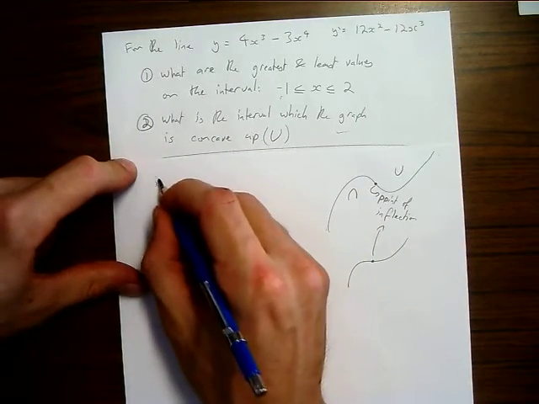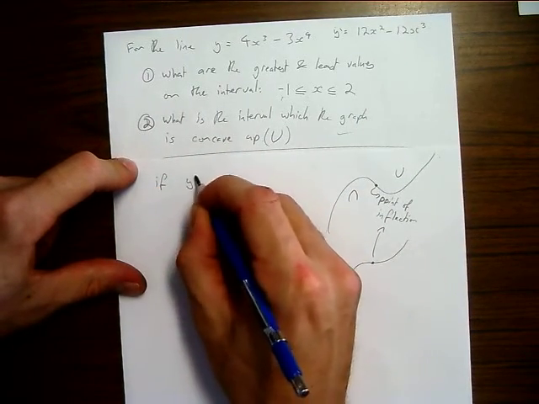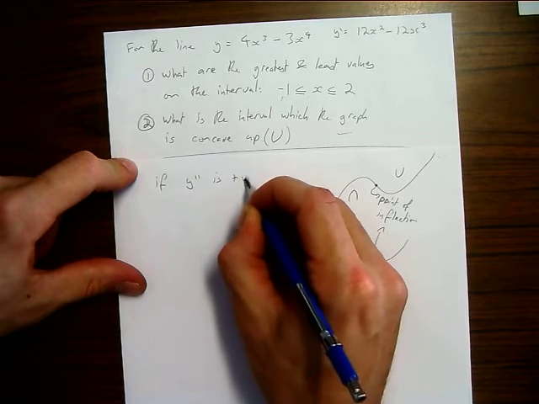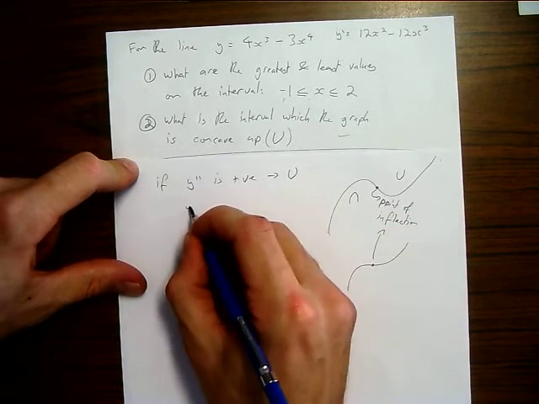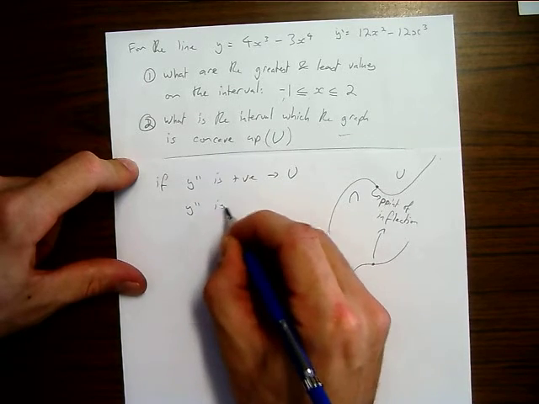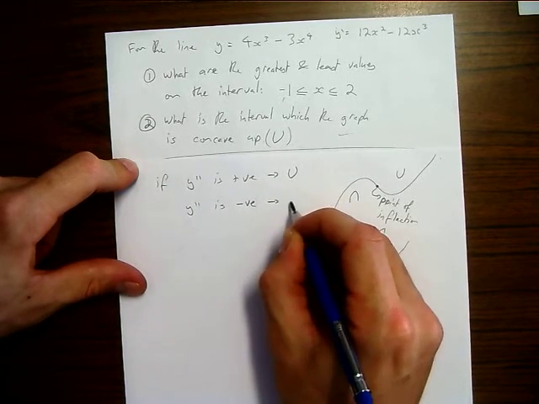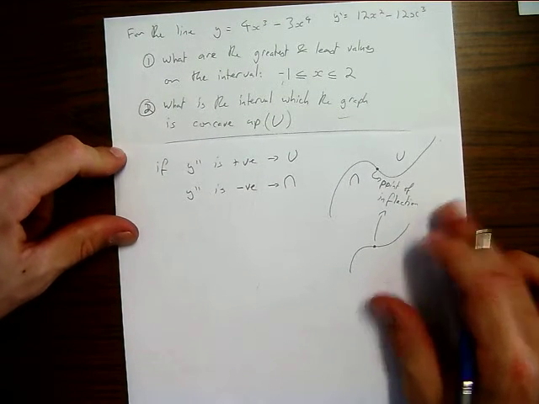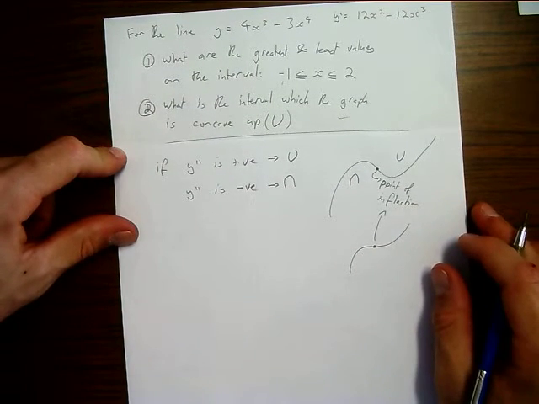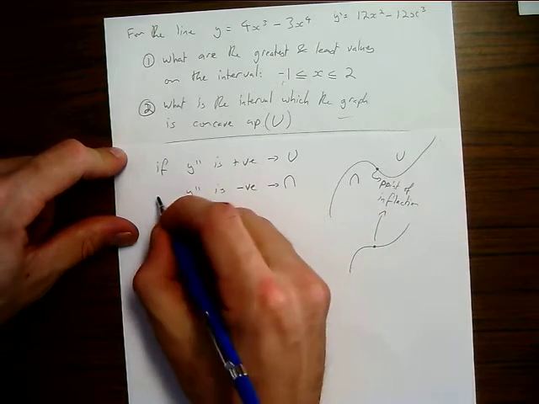So if y double dash is positive, we're concave up, and if y double dash is negative, we're concave down. That's the definition we can use.